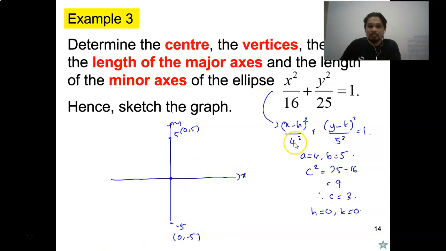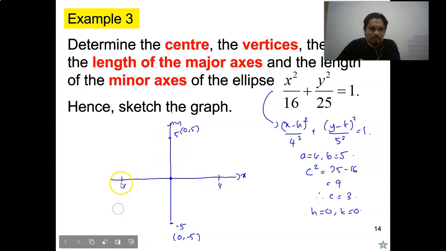And then the other value equals 4. So from here, move 4 units to the right and 4 units to the left. It looks like the distance from here to 5 and 4 is almost equal, right?